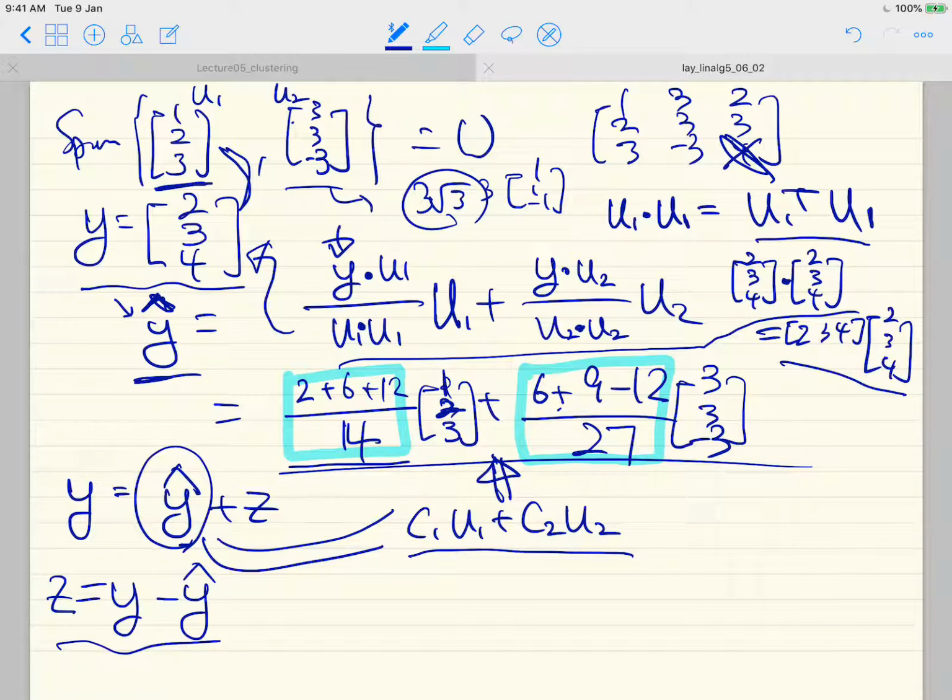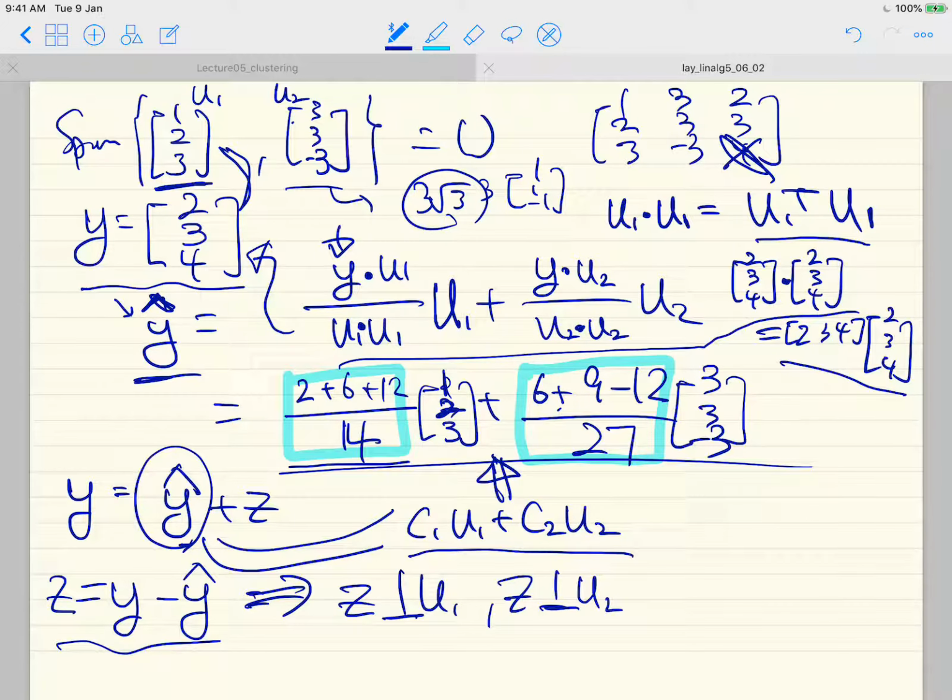So this is z, and z is orthogonal to the subspace. What kind of condition should z satisfy? z should be orthogonal to u1, and z should be orthogonal to u2, right?